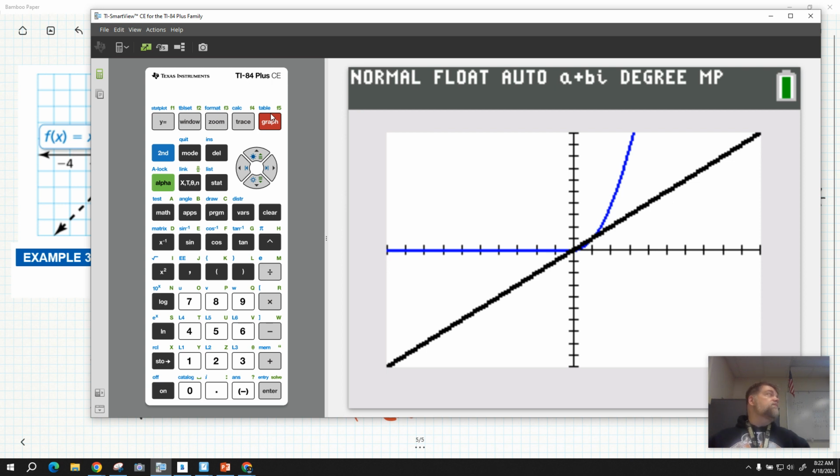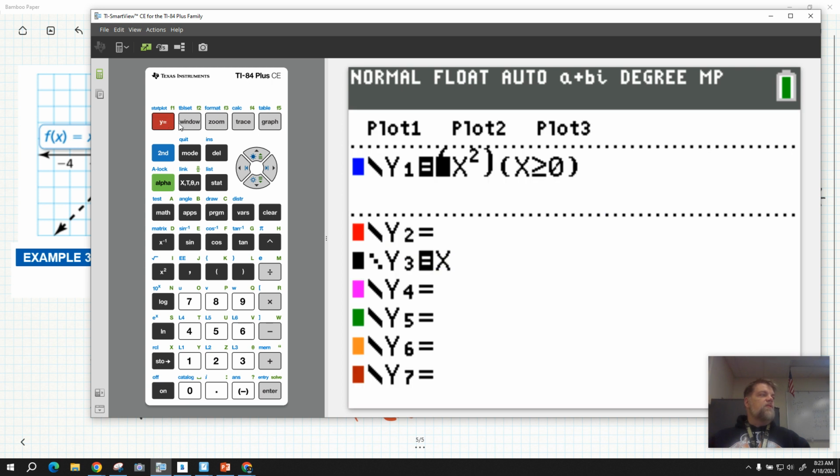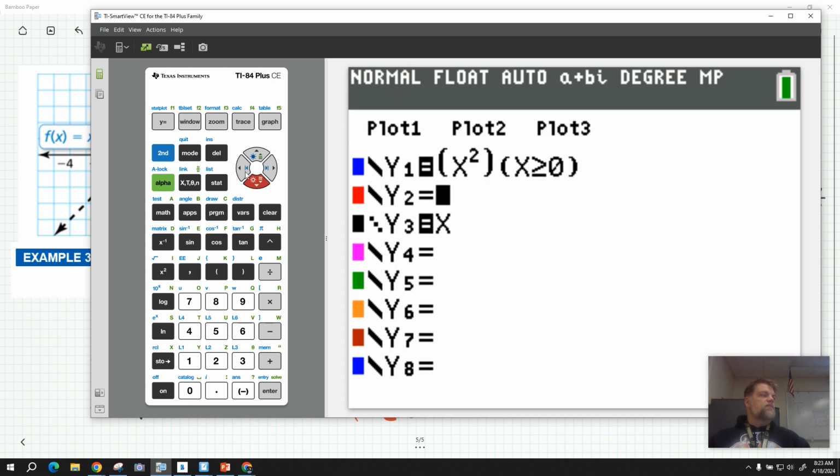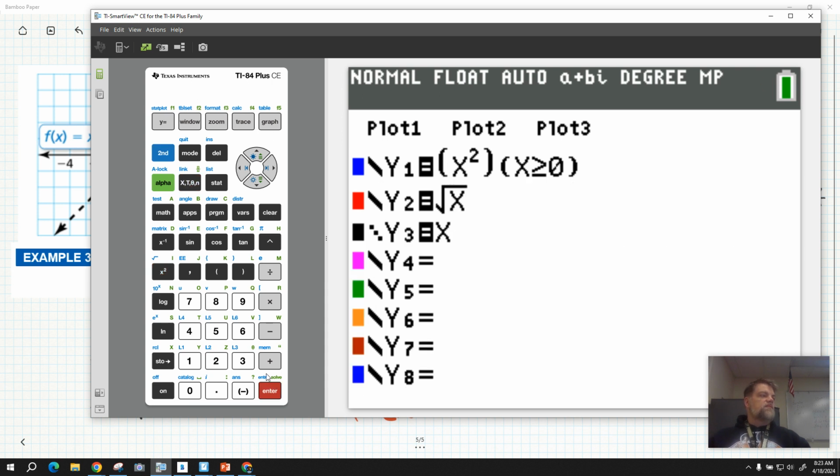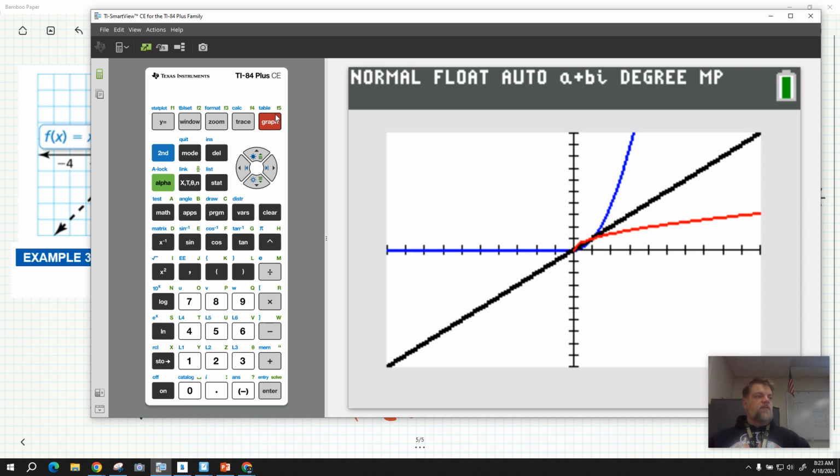And then on the other side, if I hit y equals, I could just put the positive square root of x. And then we go back and look at the graph.